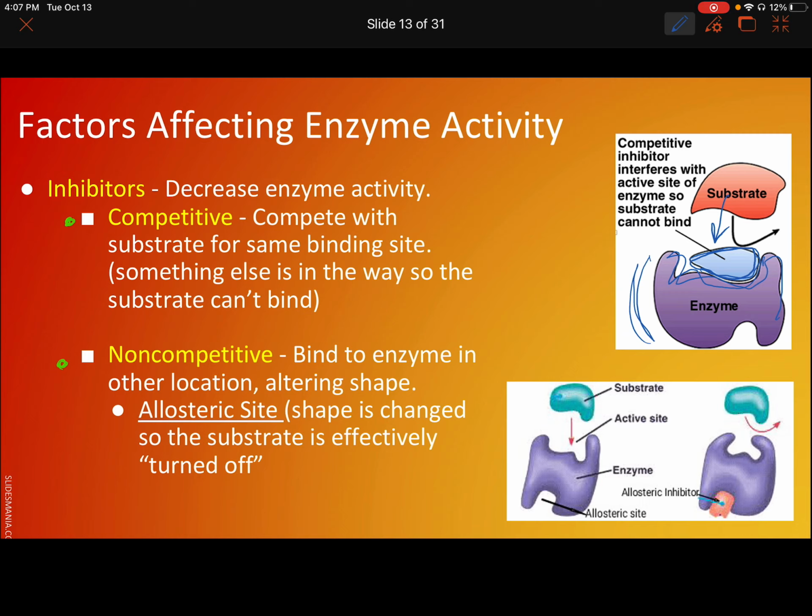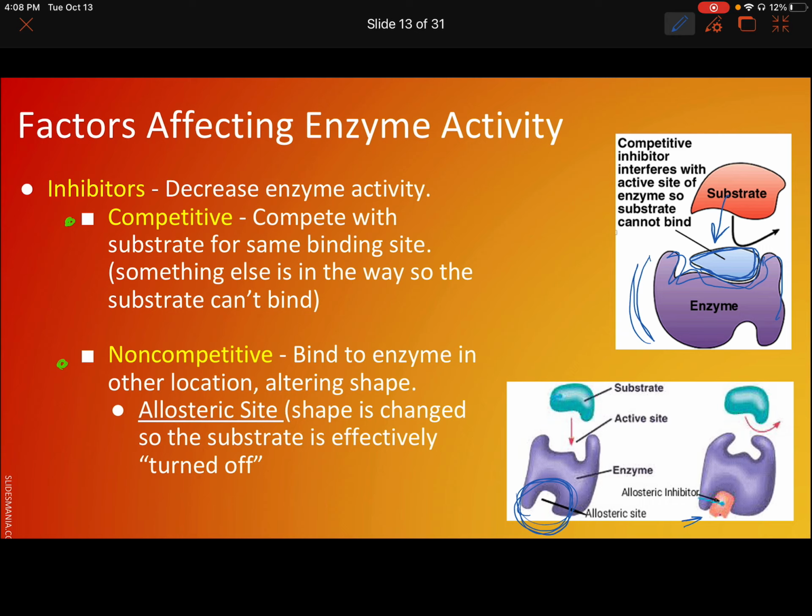Non-competitive inhibition is basically something changing the shape of the enzyme so that even if the enzyme finds the substrate, it's changed shape in some way so that the substrate cannot bind. A lot of times this happens at what's called an allosteric site. Allosteric means shape. There's a site where something else can bind.